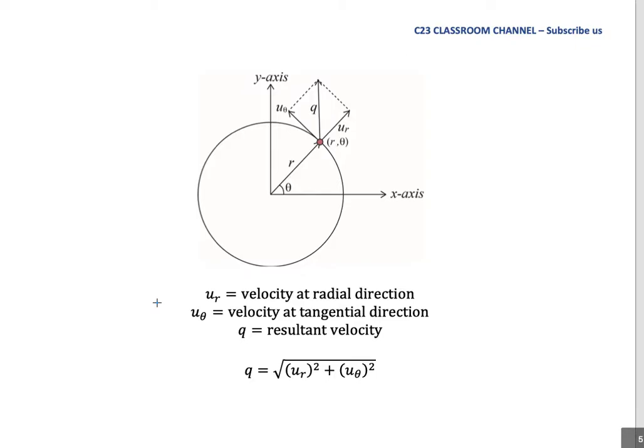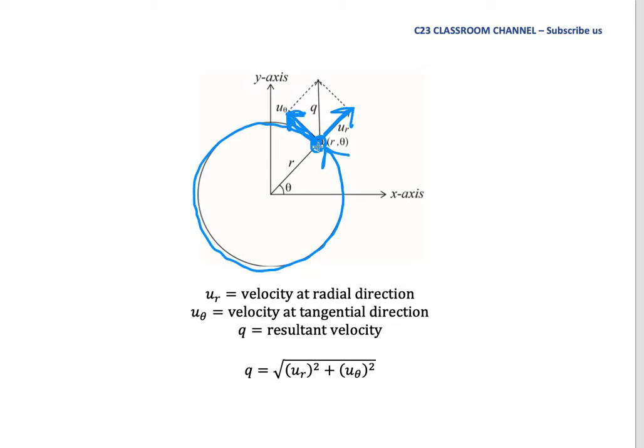For example, you have one molecule here, and it rotates on the same trail path again and again. So we could say that it has the radial component, which is u_r, and also the tangential velocity, which is u theta.